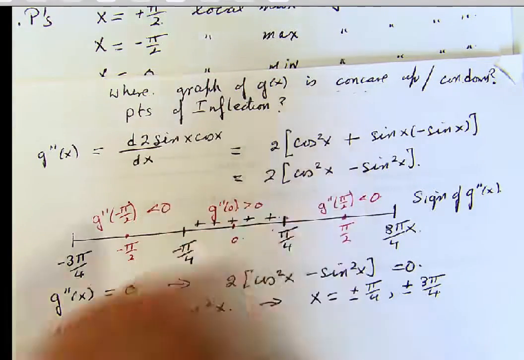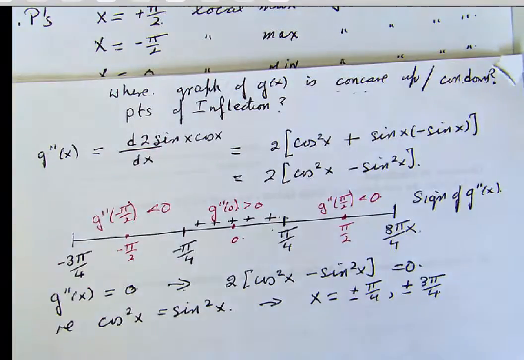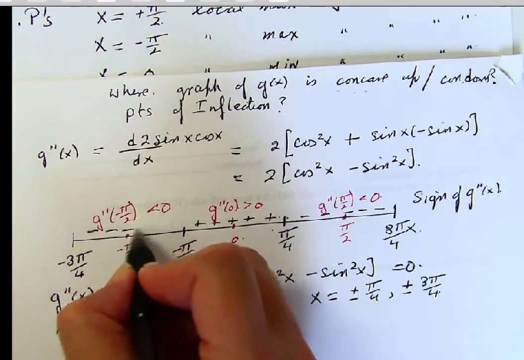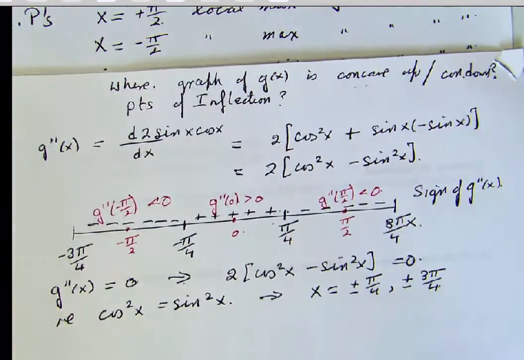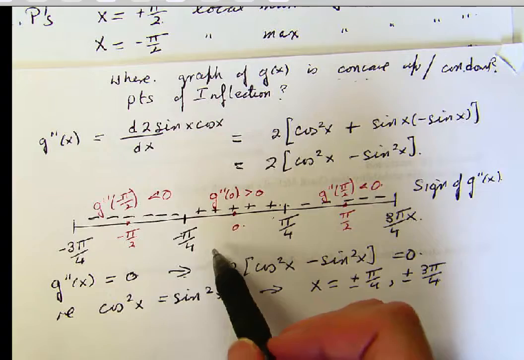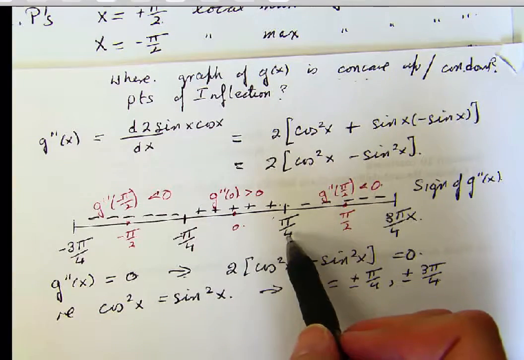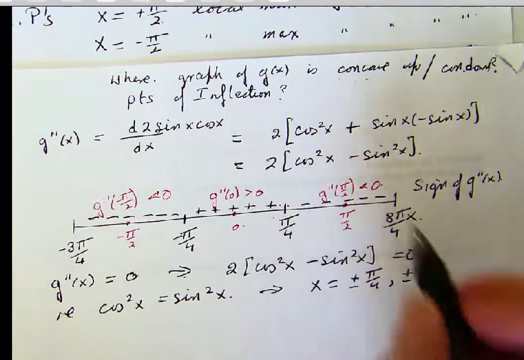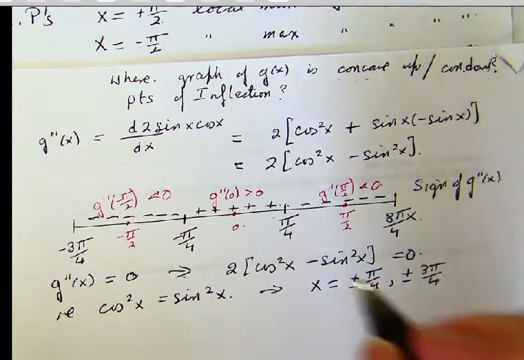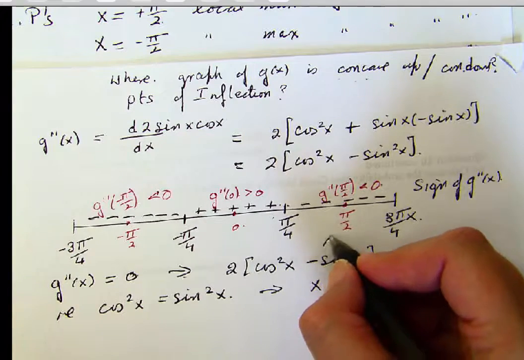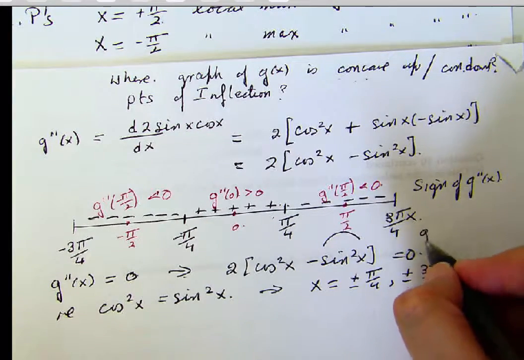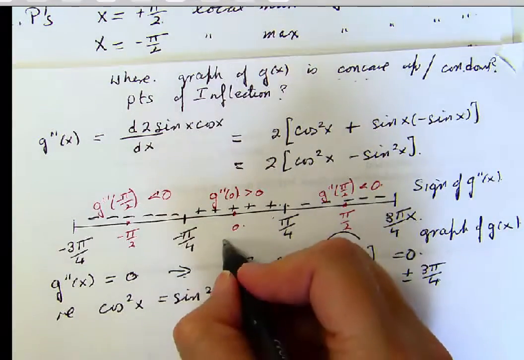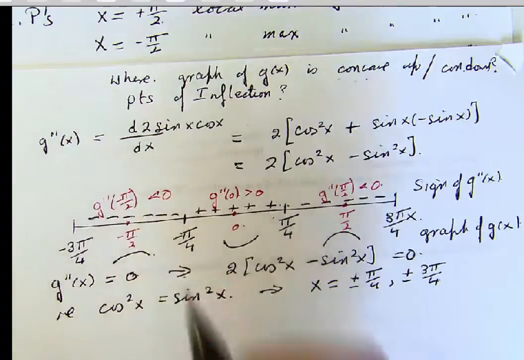So this is also less than 0. So we have that the second derivative is negative between minus 3 pi over 4 and minus pi over 4, positive between minus pi over 4 and pi over 4, and negative between pi over 4 and 3 pi over 4. And of course, this means that the graph is concave down on this interval, concave up here and concave down here.